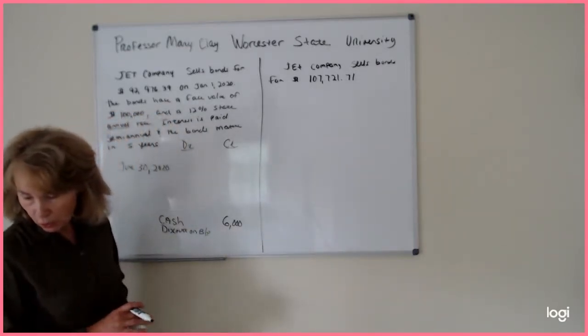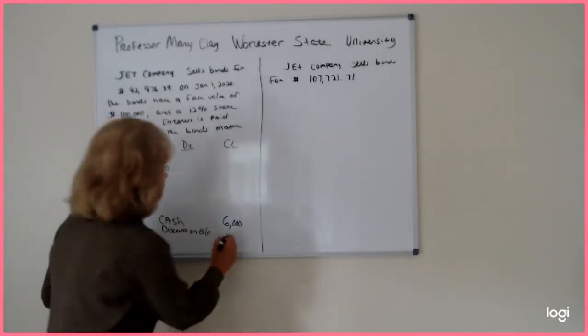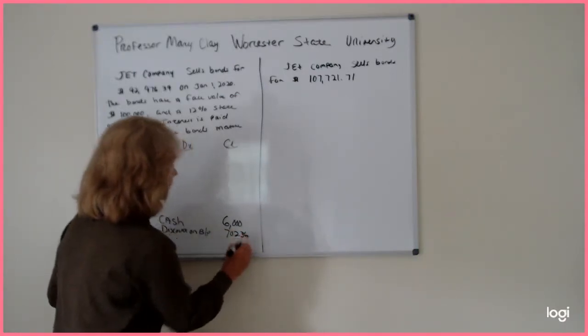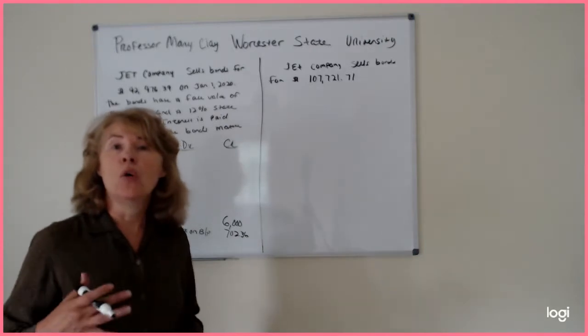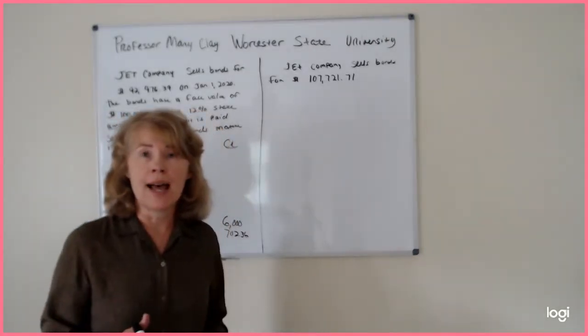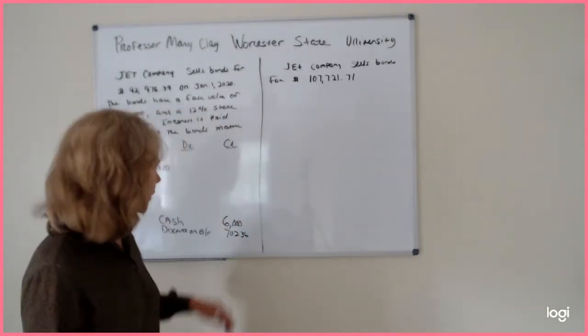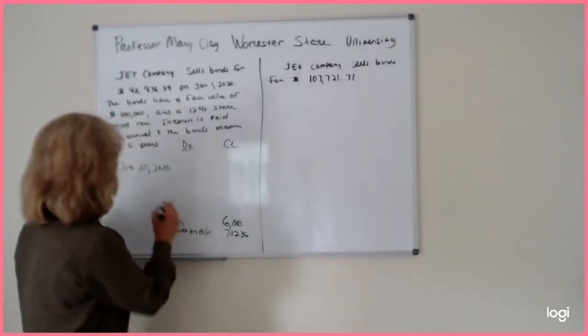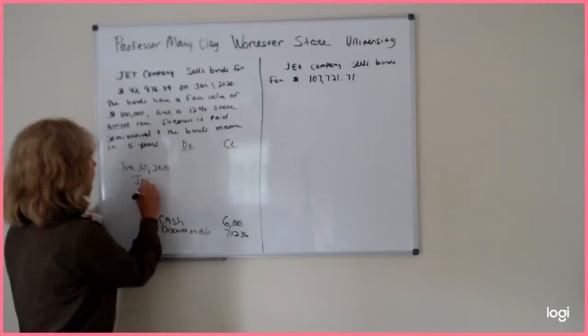And you will label that 702.36. Okay? All right, so always do the interest expense last. Well, when it's a discount, you know in order to balance, your debits have to equal your credits. So this is the interest expense.